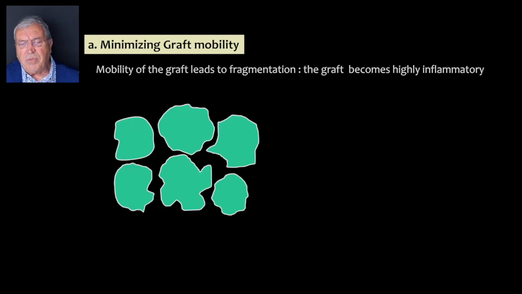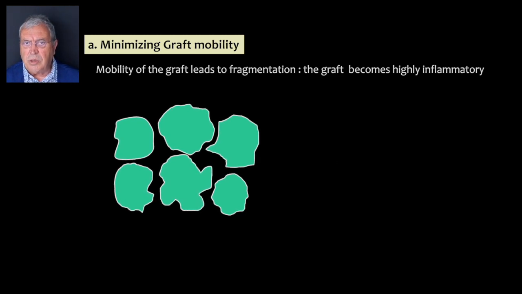When we place the graft, we know that the muscles in the face will induce mobility of the whole space. And we know what happens. The bone callus is fragmented, and at the same time, the vessels are cut, and the bone becomes highly inflammatory.